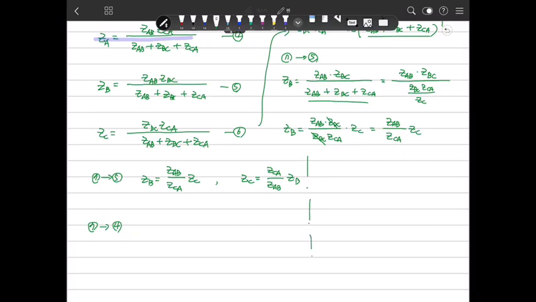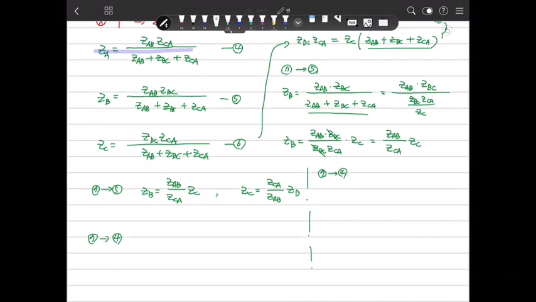So 7 to 4, then 4 is GA times (GAB plus GBC plus GCA) and GAB GCA.